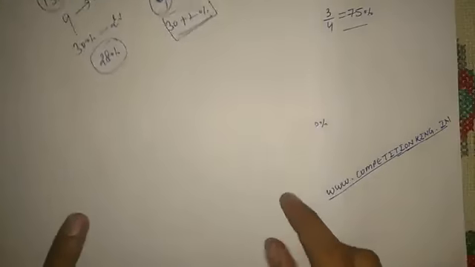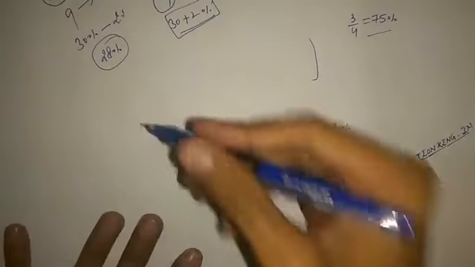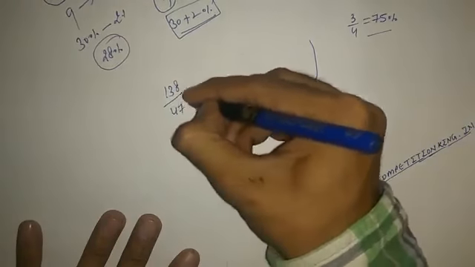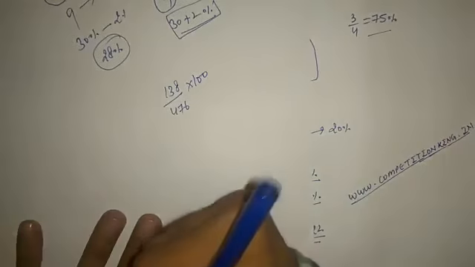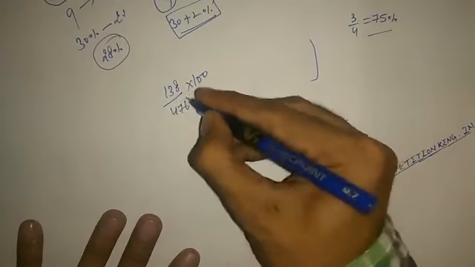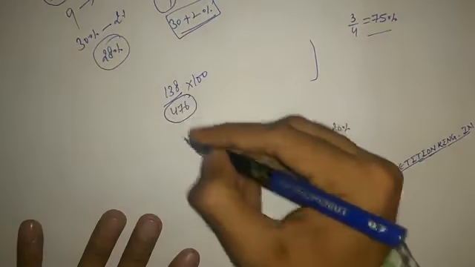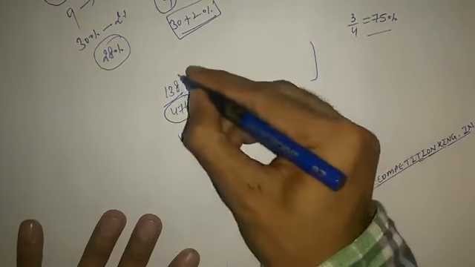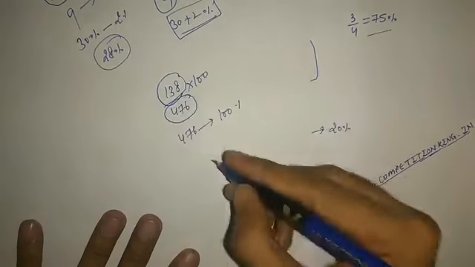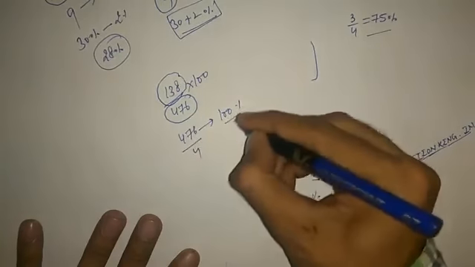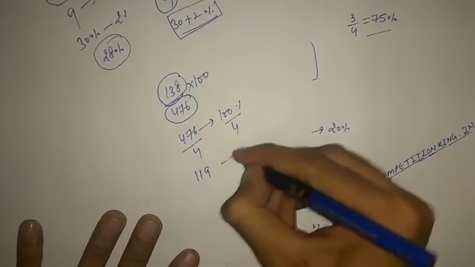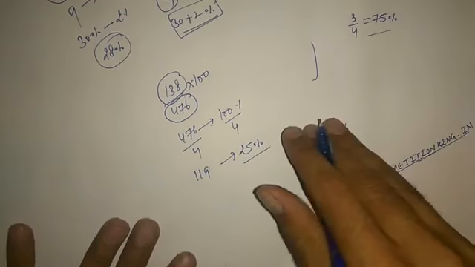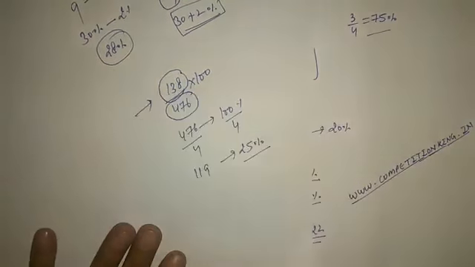See one more example based on this. If I have to calculate 138 is what percent of 476? Take 100% as the denominator, meaning 476 is 100%, and we have to calculate 138. If I divide by 4, 119 is 25%. But we have to calculate 138.